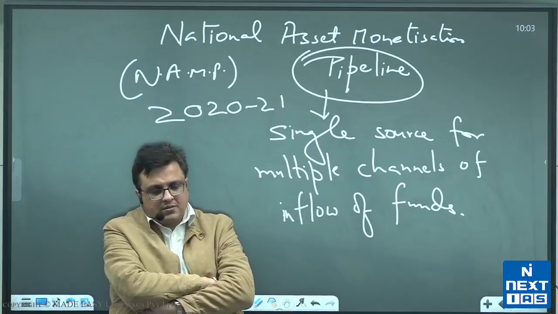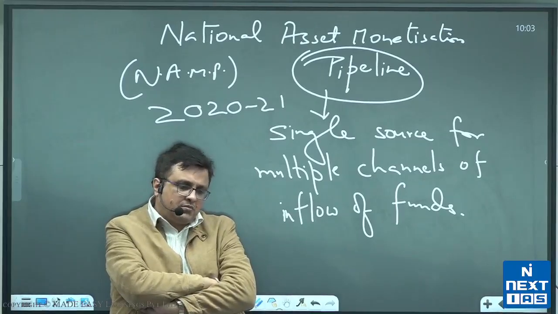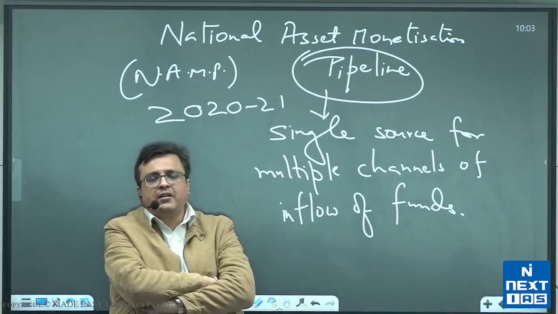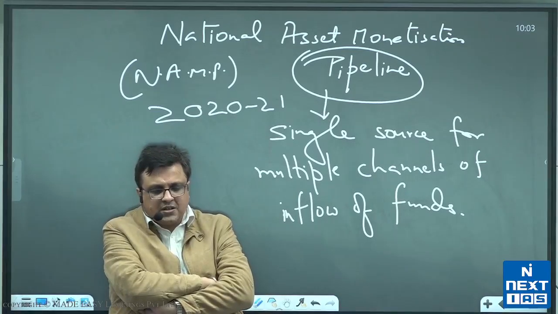Roads, railway, airport, port. When I said railway, you write railway platforms, complete that a bit.